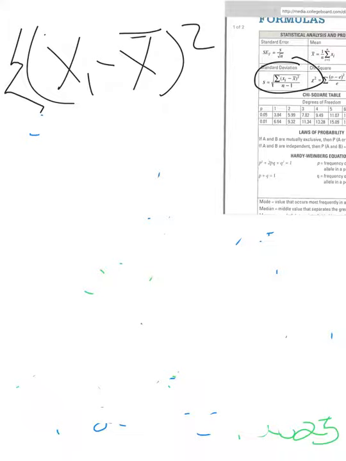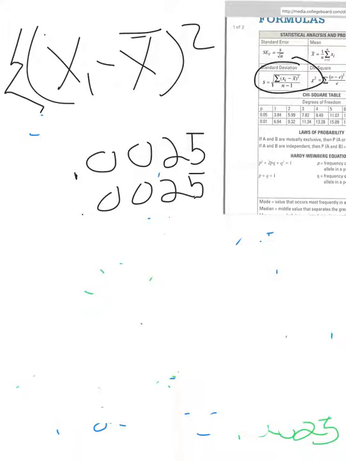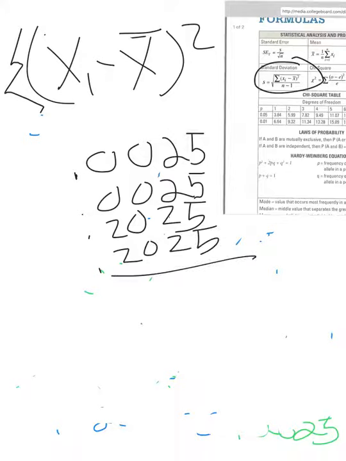I'm going to sum 0.0025, 0.0025, 0.2025, and 0.2025. If I sum those 4 digits together, I have 0.41. So this gives me the top of my equation for my standard deviation, 0.41.